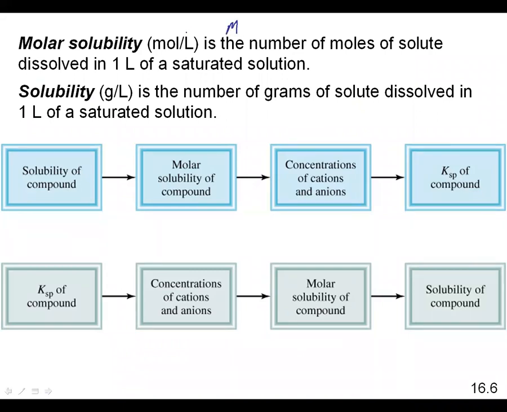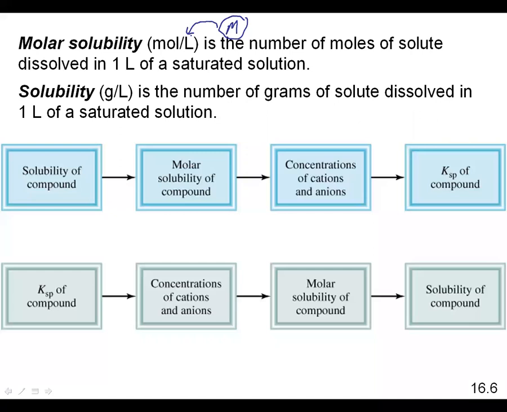Our molarity, which is moles per liter, is the number of moles of solute that's dissolved in 1 liter of a saturated solution. So sometimes in these problems, they will want to know the molarity or the molar solubility. And then sometimes they'll want a more useful number, which is the solubility in grams per liter, meaning how many grams you could dissolve in a liter of solution.